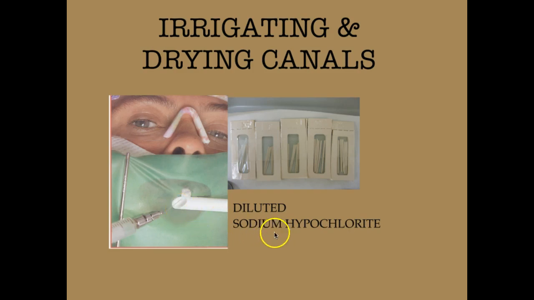This is bleach, so you want to be very careful that this does not touch the tissues of the patient. After irrigating, the canals can be dried with absorbent paper points. In California, the RDA can dry the canals after the DDS endodontist irrigates the canals.